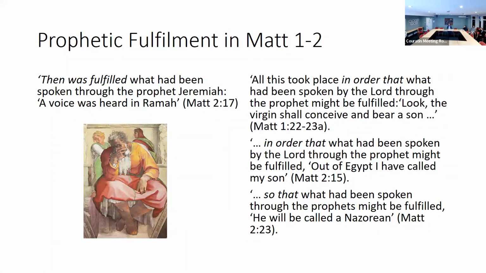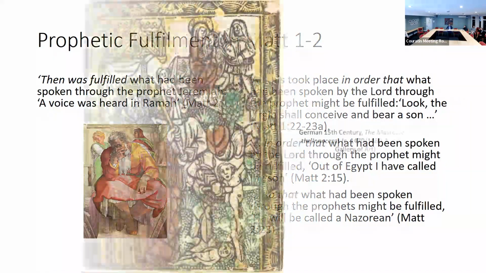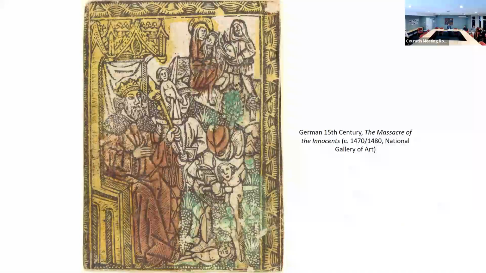And if we look at a selection of visual interpretations of the massacre, we can see different attempts to engage this problem in interpreting the scene. So first of all, Herod becomes the central actor in the story.